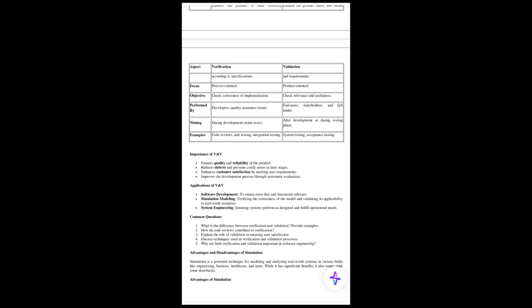Examples for verification are code reviews, unit testing, and integration testing. For validation, examples are system testing and acceptance testing. So we can see the importance of V and V here, and the applications also.